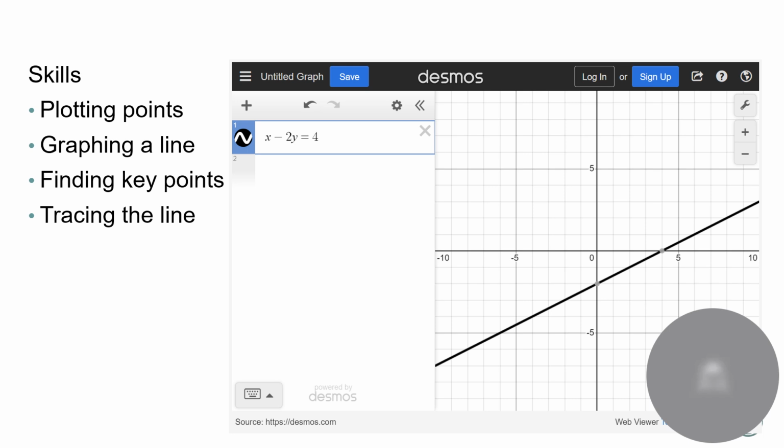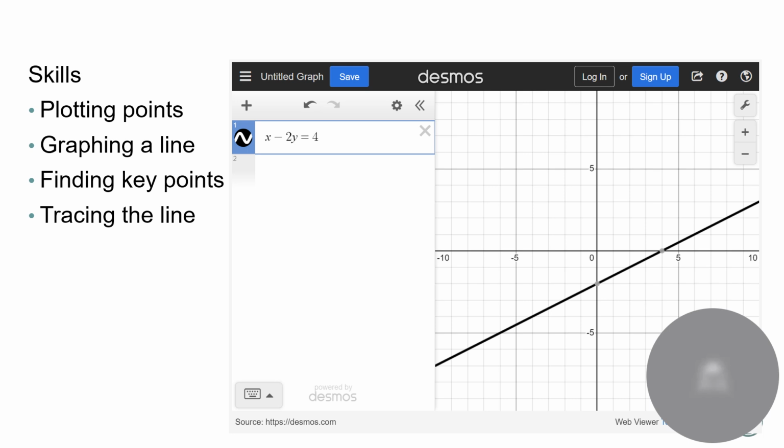There it is. Point 2, -1 is one of the points on this line. Let's see if we can find 1, -1.5. There we go. Oh no, it wasn't 1.5. It was 1. Yeah, 1. There we go. 1, -1.5.